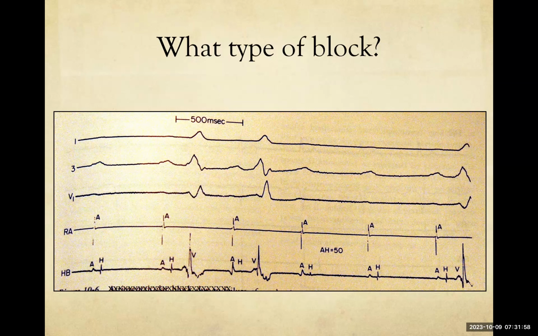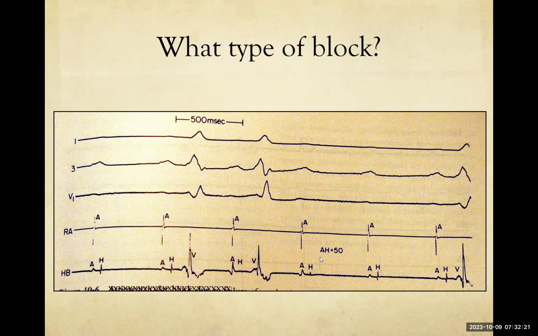So this would be like Mobitz 2 heart block on an intracardiac tracing, because the AH is fairly normal in length, but we're seeing an A, an H, and no V, right? Notice in the surface electrocardiogram, no V. So we have a P wave that's sort of buried in here, but we don't have a QRS for 2 beats. So this is very worrisome.